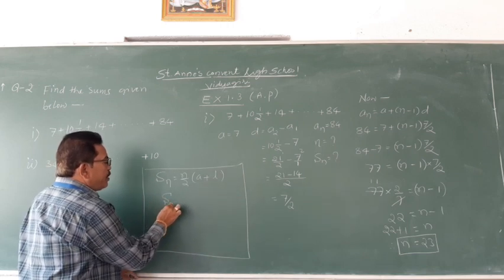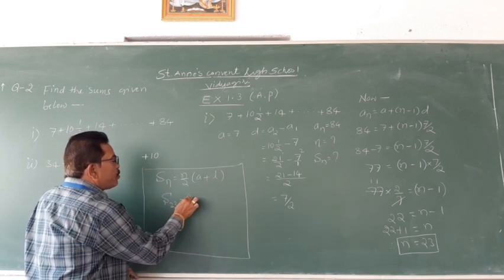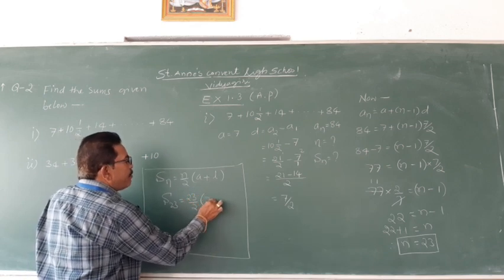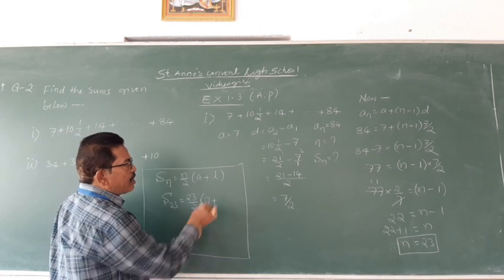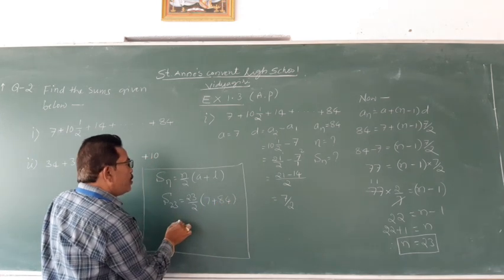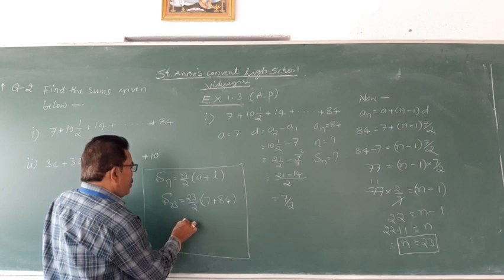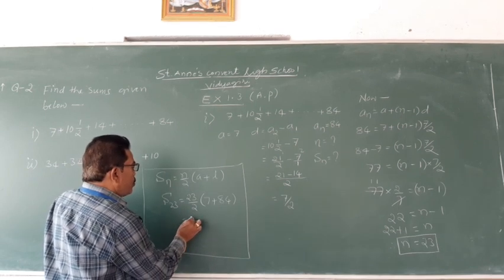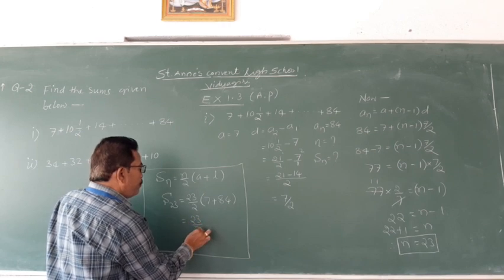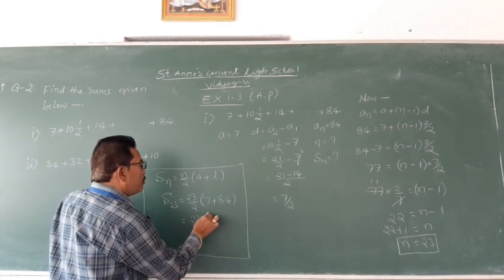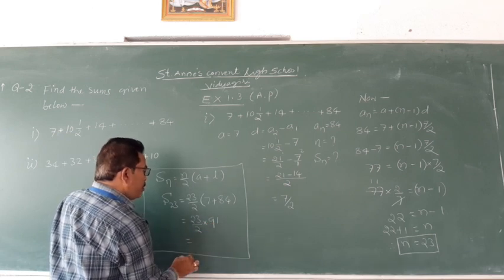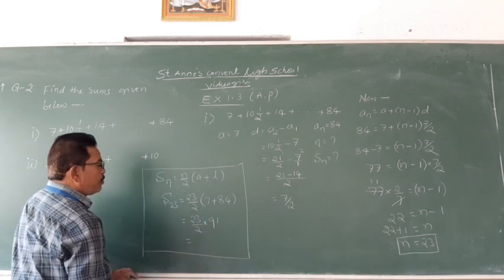So S23 equals 23 by 2 into (7 plus the last term 84), that equals 23 by 2 into 91, which equals 23 into 91 divided by 2.